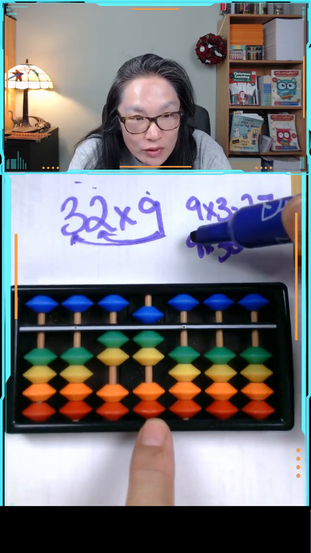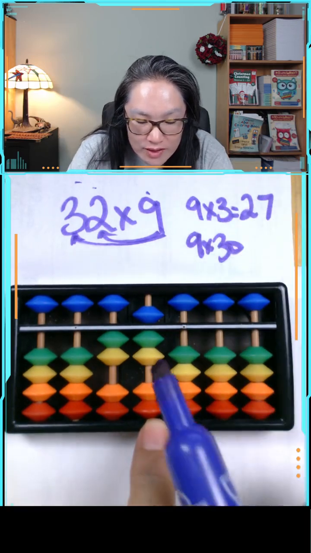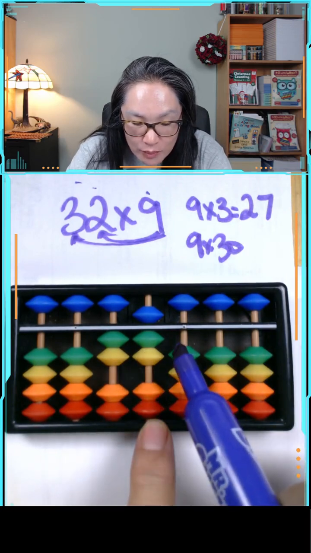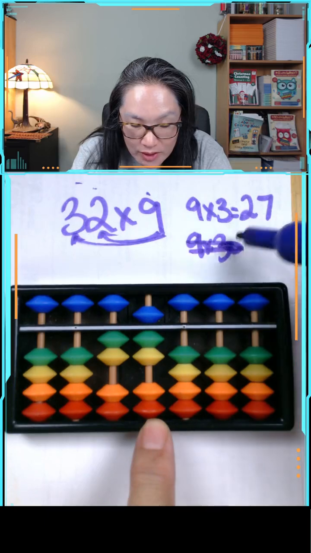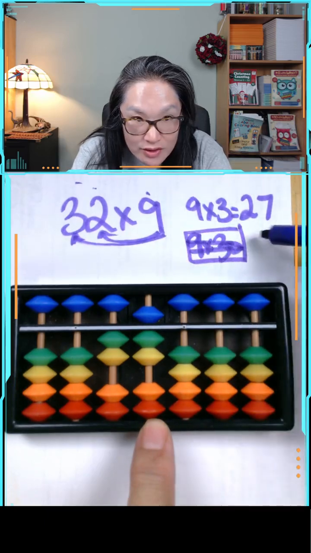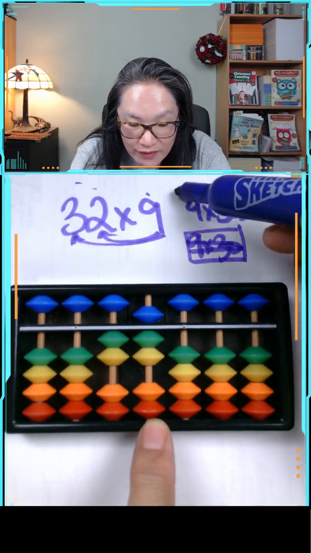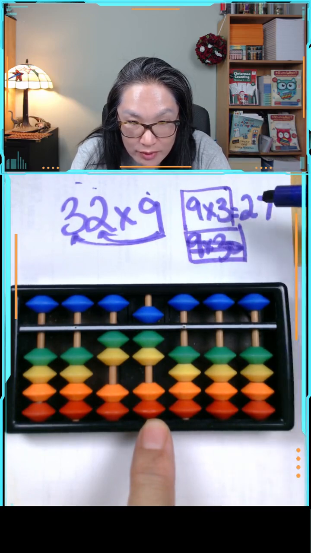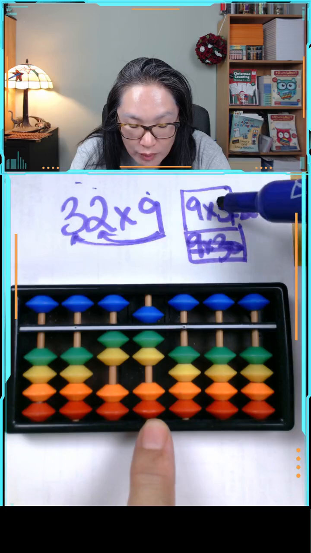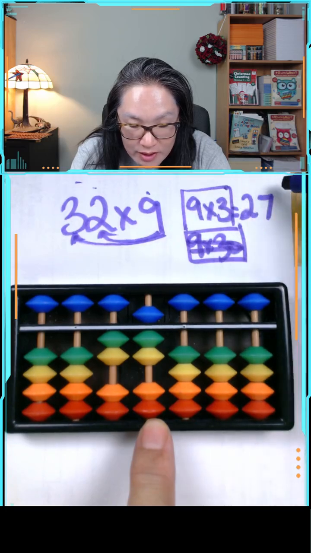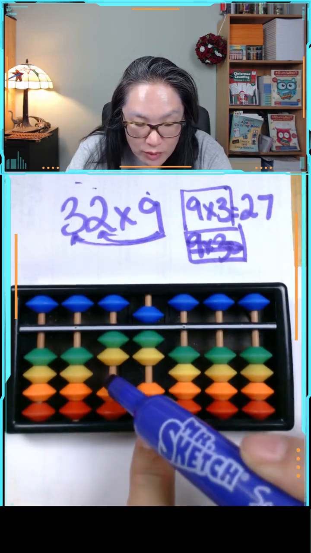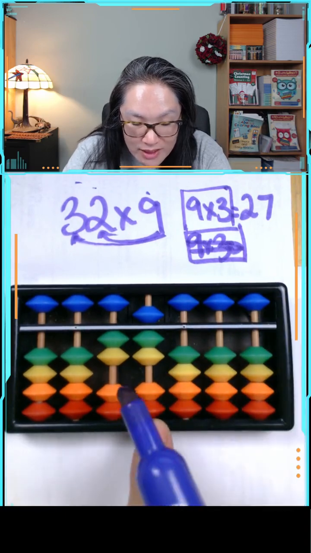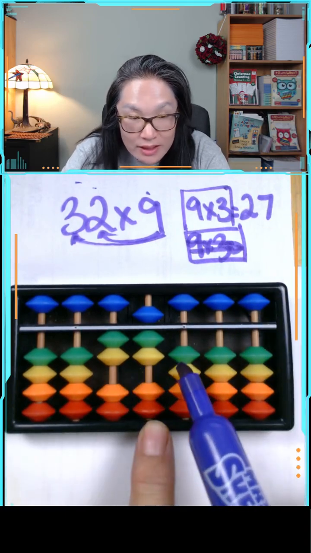Notice I don't need to say 30, because my abacus tracks my numbers. There's no multiplication fact that does 30. The only multiplication fact that I have is 9 times 3. So we need to remember our multiplication facts. 9 times 3 is equal to 27. So I just put 20 and I put 7. But notice it actually says 270.